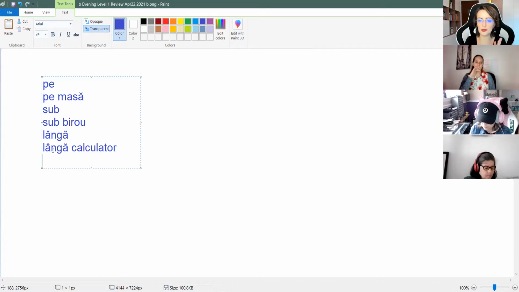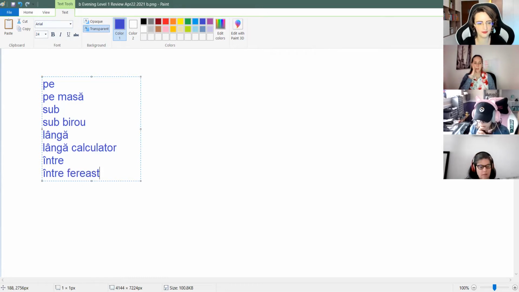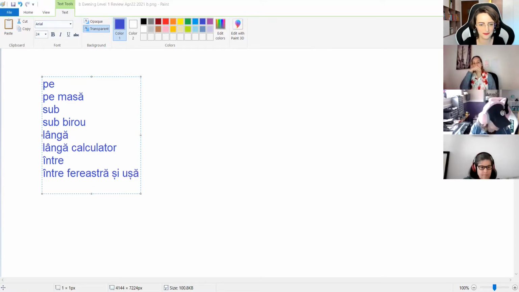What's the word for between? Între. See, not to be confused with într-o. And how would you say between the window and the door? Între fereastră și ușă.